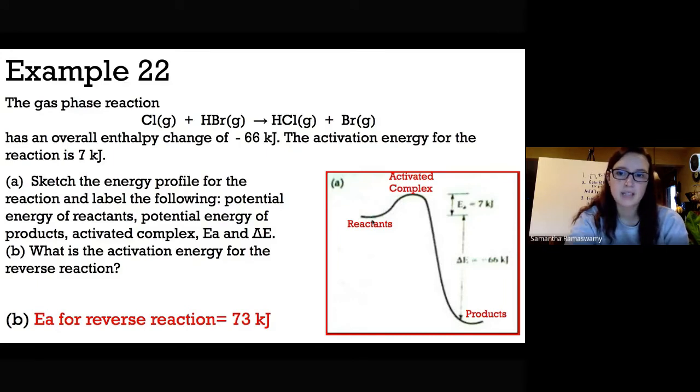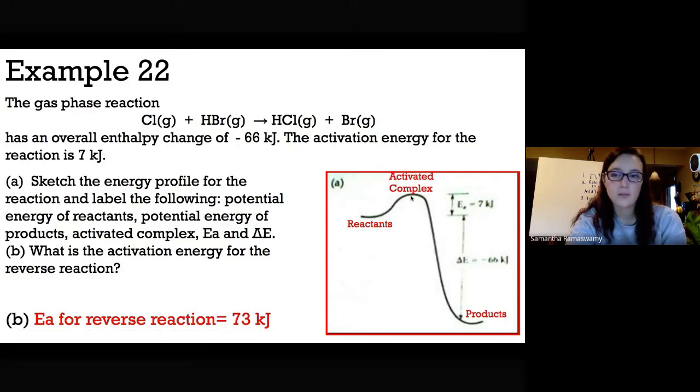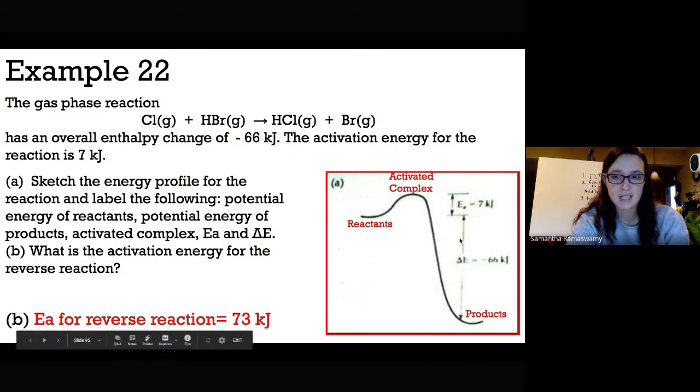So the reactants will become the transition state and then lose 66 kilojoules. So the difference between the reactants down to the products, that's the -66 kilojoules. That's your delta H value. So it's not from the transition state all the way down. It's from reactants to products. That's the delta H value that you should label.